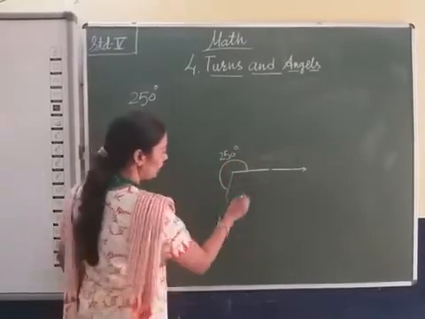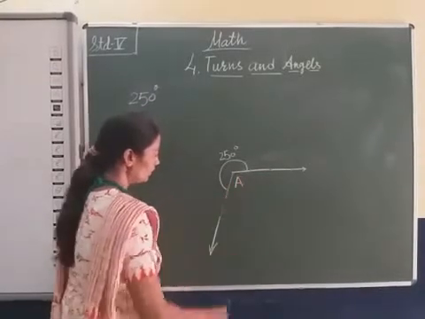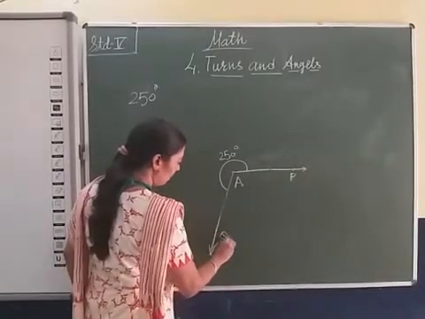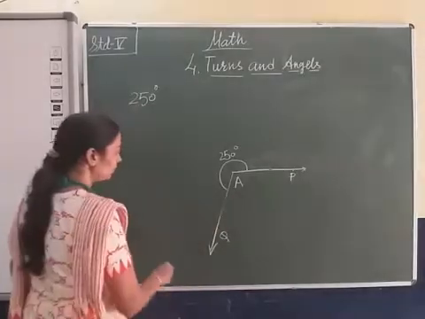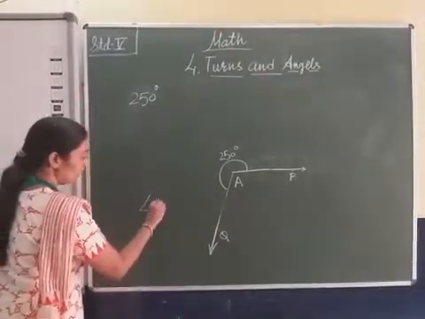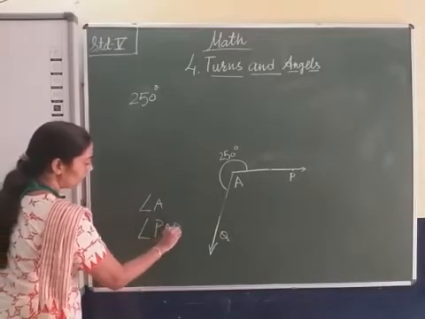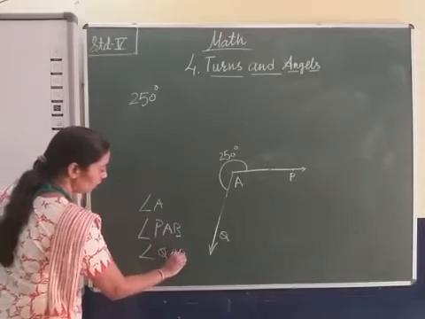Now we give the name A here, PQ arms, yes, angle A. So we write here angle A, or we write angle PAB, angle QAB.